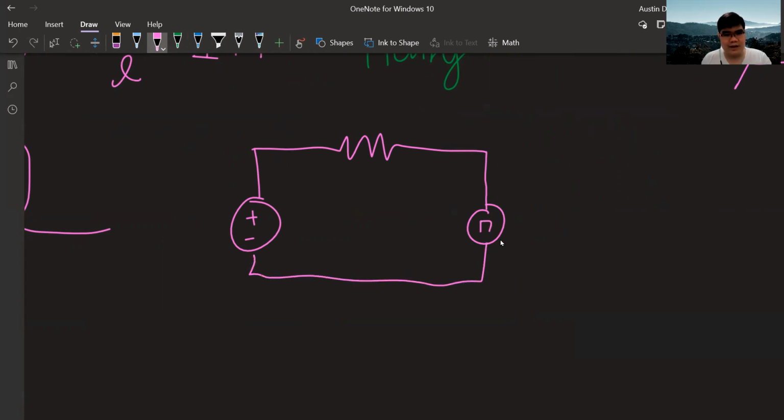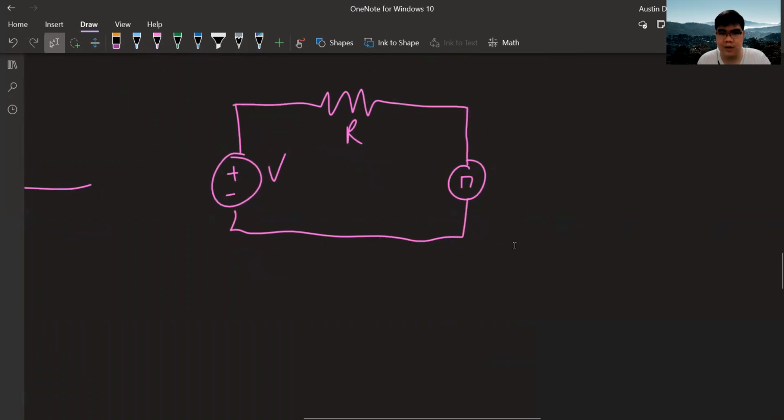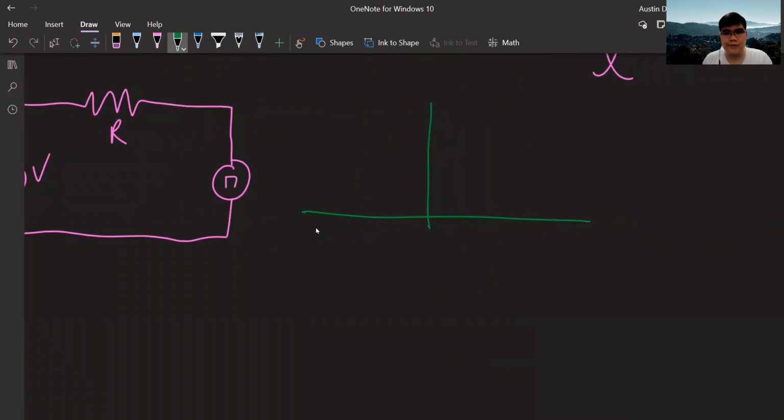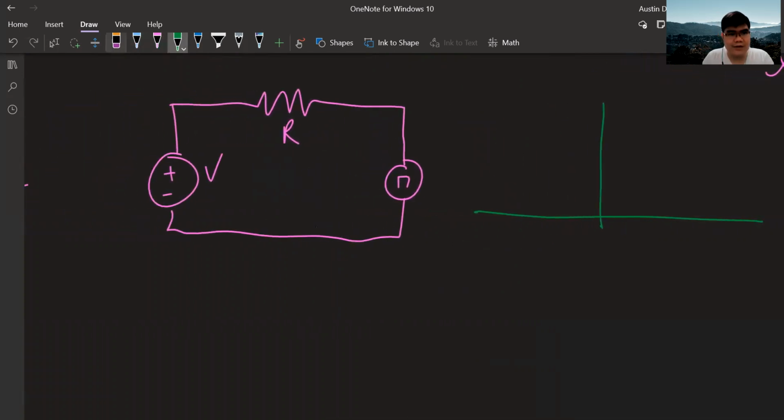So this is the light bulb. Actually, palitan natin yung source natin. Gawin natin current source.